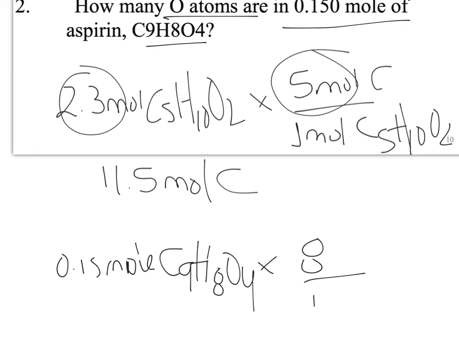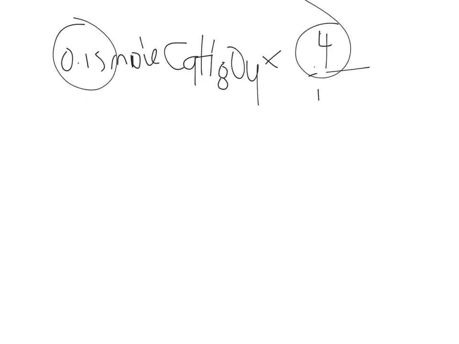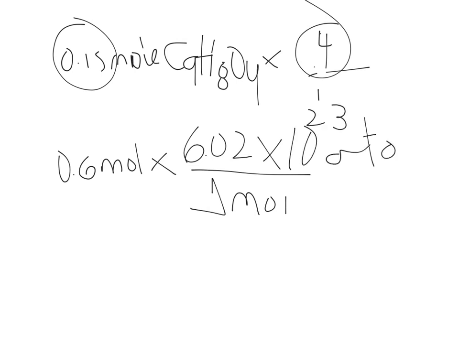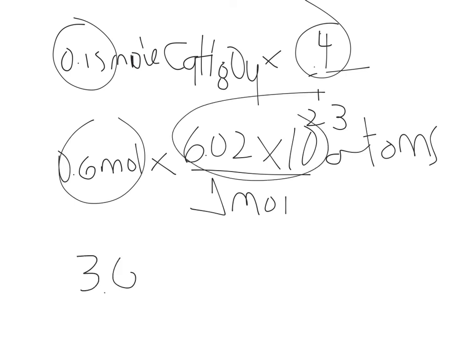So we multiply this times 4 and we get the number of moles of oxygen. The number of moles of oxygen is 0.6 mole. Now, this mole needs to be converted to atoms. In 1 mole, I have 6.02 times 10 to the 23rd atoms. So just multiply this times this, and the answer will be 3.61 times 10 to the 23rd atoms.